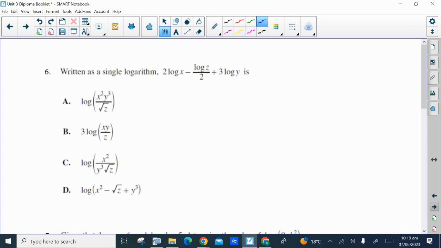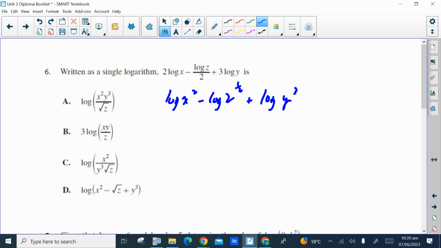Number 6, asked to write that as a single logarithm. So that first term would be log of x squared minus log of z. This is 1/2 log z. So dividing by 2 is the same as multiplying by a half. So that has a coefficient of a half, which can come up as an exponent. And then same thing with the last term. The coefficient of 3 can come up as an exponent.